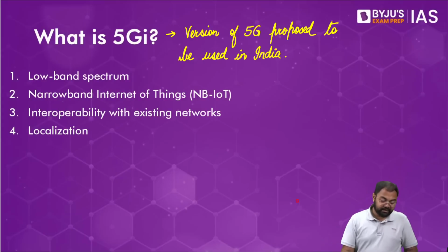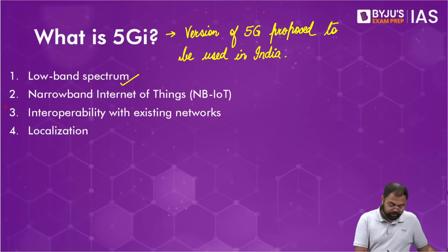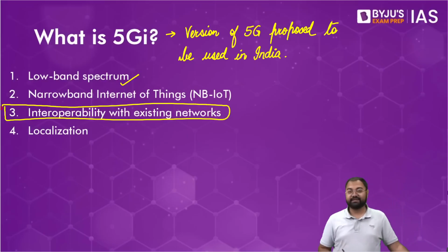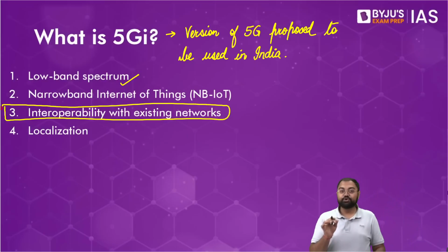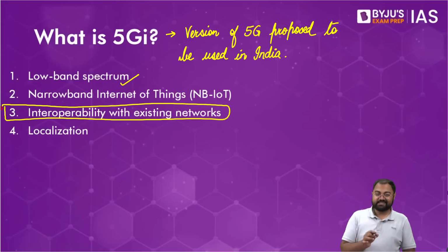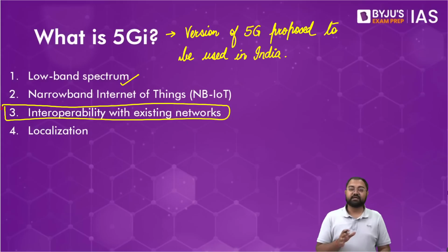Now in 5Gi, we see that overall low band spectrum will be used, and most importantly, we want interoperability with existing networks. What we want is that in some way we should be able to use the existing infrastructure with regards to the 4G and the 3G cell towers that we have.